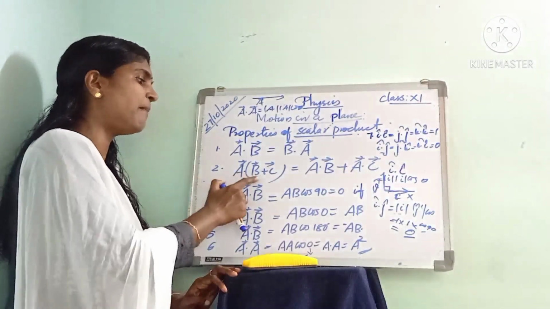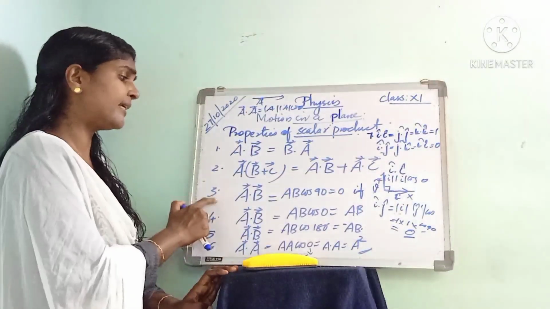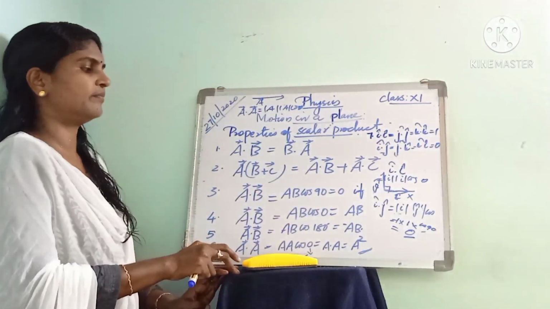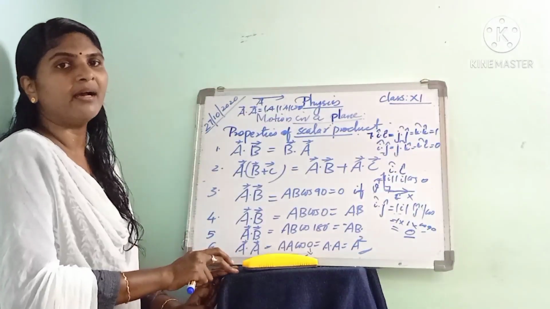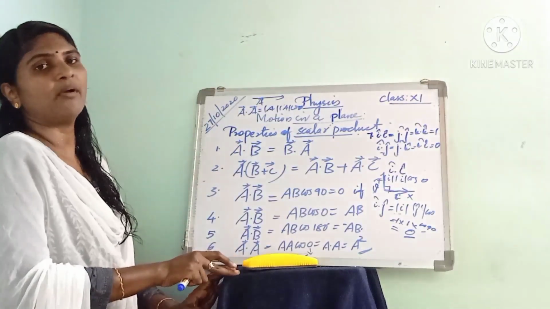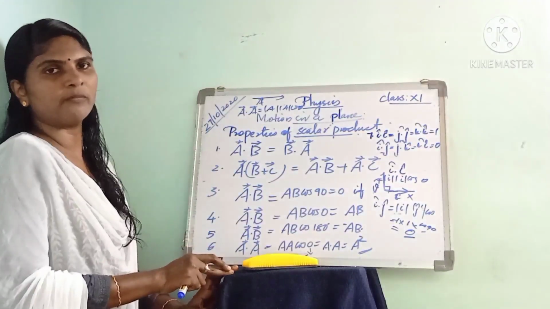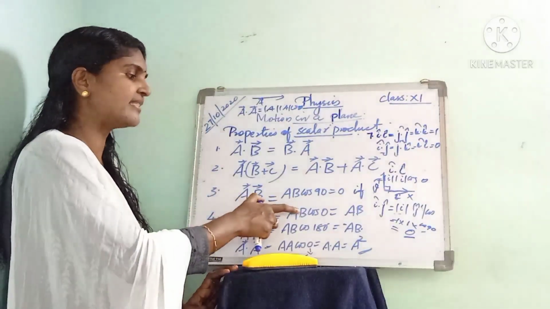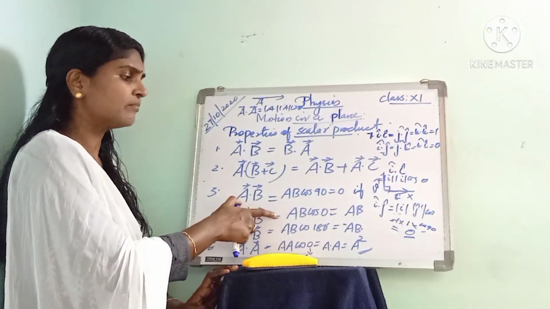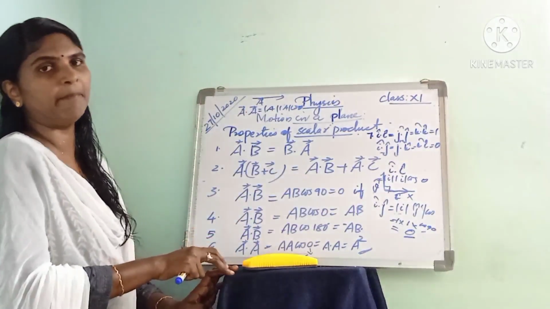So A dot (B plus C) is equal to A dot B plus A dot C. The third property: suppose we have two vectors A and B that are perpendicular, then the scalar product is 0. If the two vectors are parallel and acting in the same direction, the scalar product is AB.